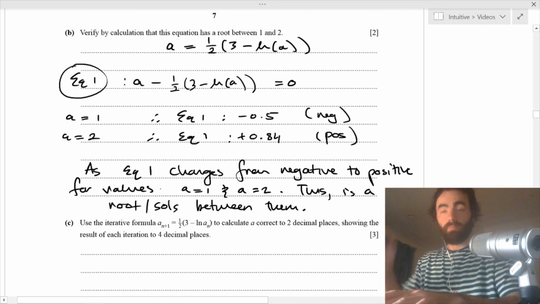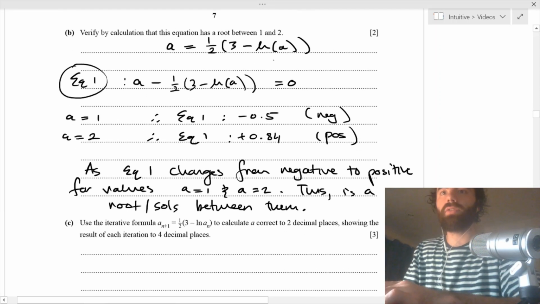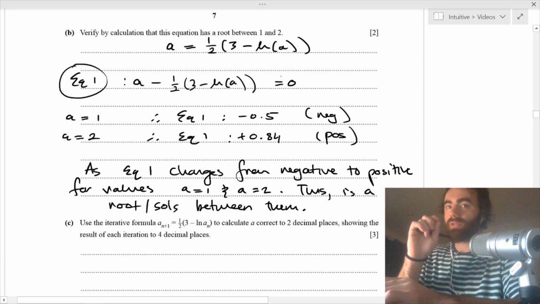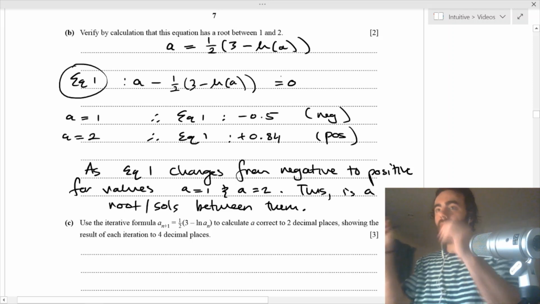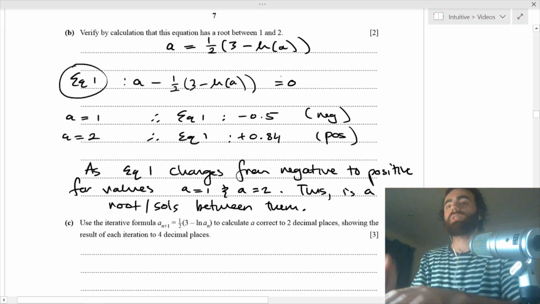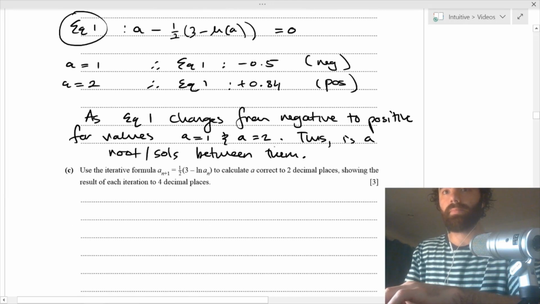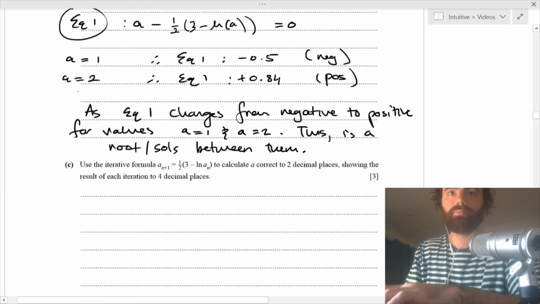Because it changes, there is an a value for which this equals 0. When I plug in 1 it's just below 0, and when I plug in 2 it's just above 0, that means just between those two there should be a solution where it equals 0.